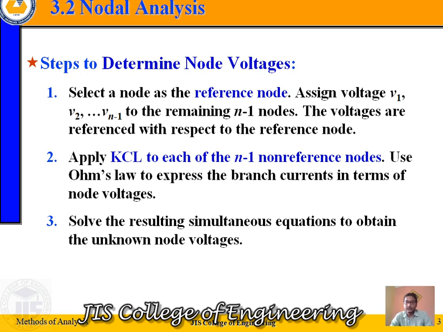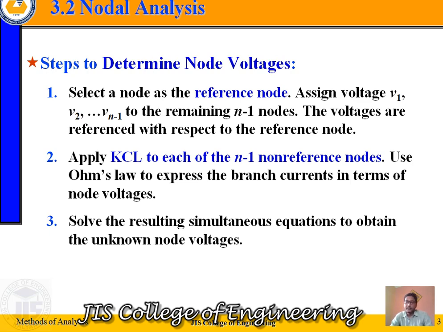That point is considered as a node. So this is the basics of nodal analysis: before going to nodal analysis, you have to find out how many nodes are there. We will consider the nodes only where more than two branches meet together.